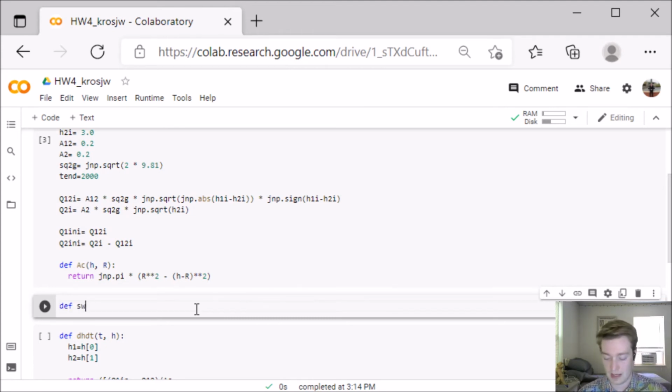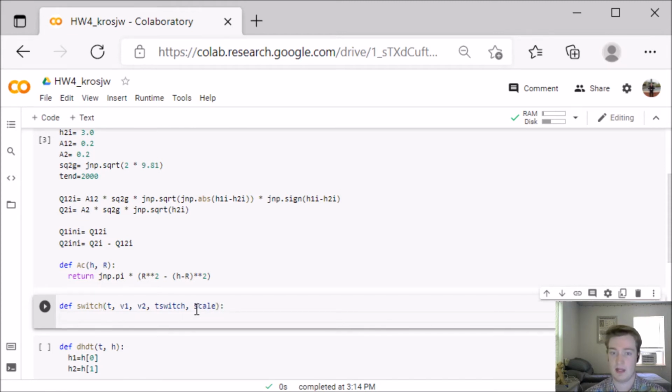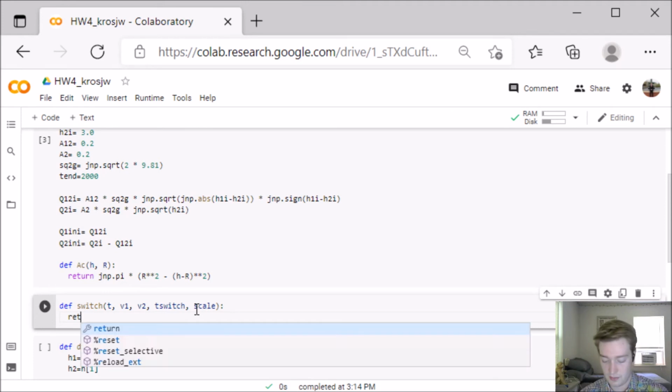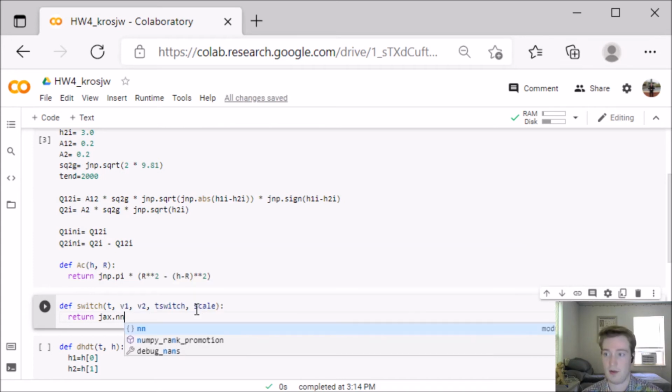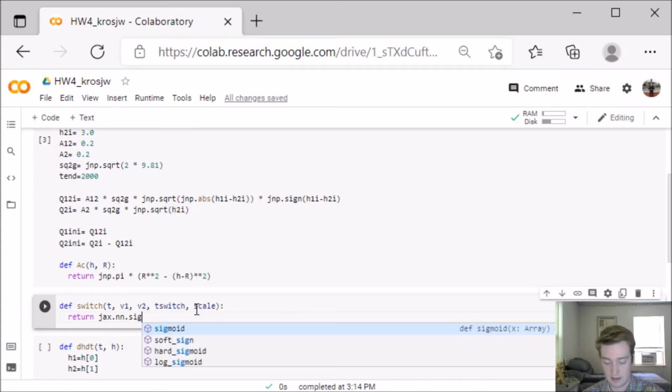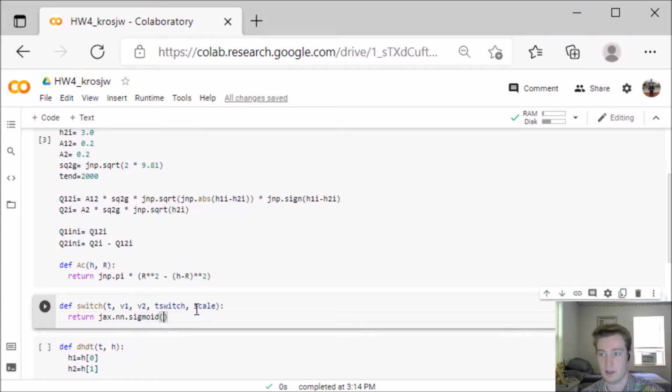So if we define switch, we're going to call it switch, where we're going to give it a t, a v1, a v2, the time at which it switches, so t switch, and its scale, just like that. And the way we do this, we're going to return a sigmoid function, so jax.nn.sigmoid, just like that.